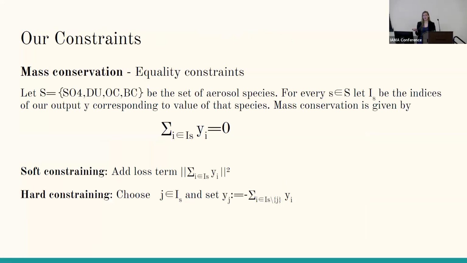So the constraints we had here for aerosols are, one, the mass conservation. That just means per aerosol species, the variables, which are usually 4 variables from the different size modes, their changes have to add up to 0. And we can achieve that with the soft term or setting one as minus the sum of the others, and then it's by construction.